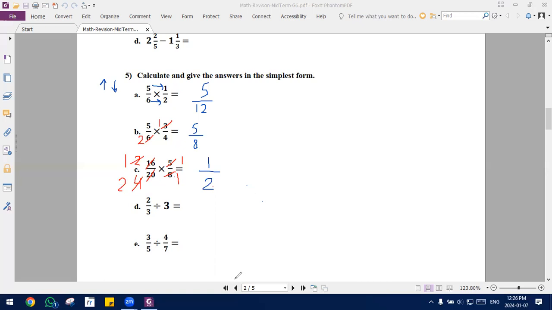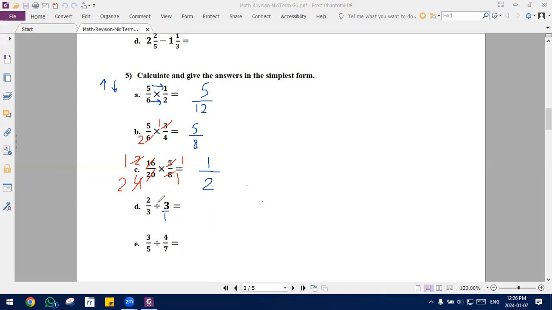Now next part we have division. Okay, but we said that we don't know how to divide fractions, so we turn it to multiply. Now first, here we have 2 over 3 divided by 3. 3 is not a fraction. Can we make it as a fraction? Yes, we make it over 1.